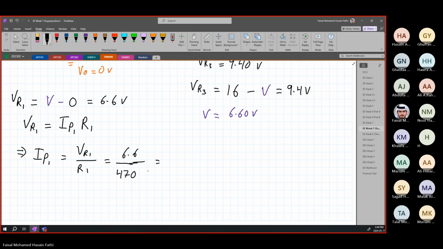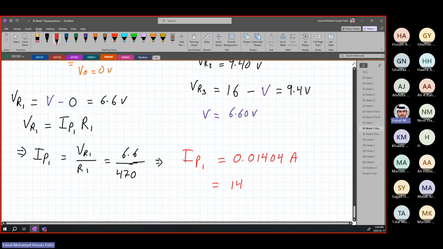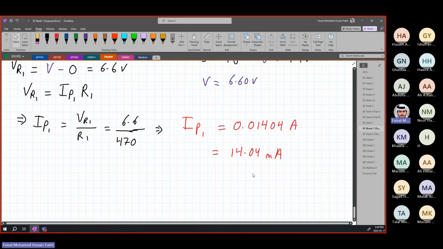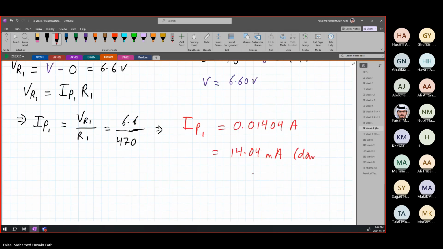Therefore, we know that IP1 is going to be equal to 6.6 divided by 470, which is 0.01404 amperes, or in milliamperes, it's 14.04 milliamperes. Again, since it is a positive value, that means our assumed direction is correct, which is downwards. So we're just going to write down.